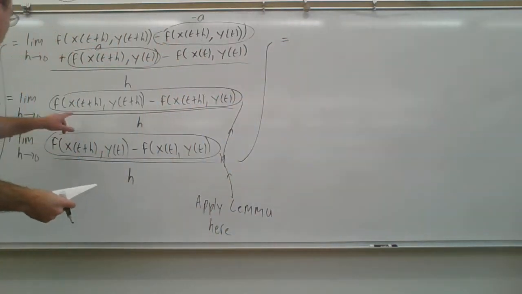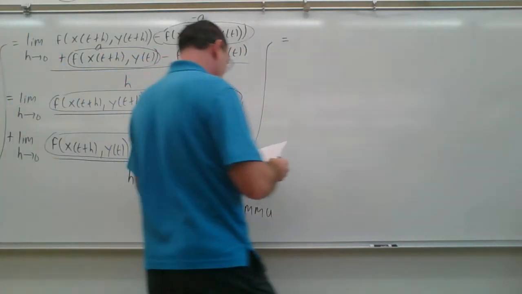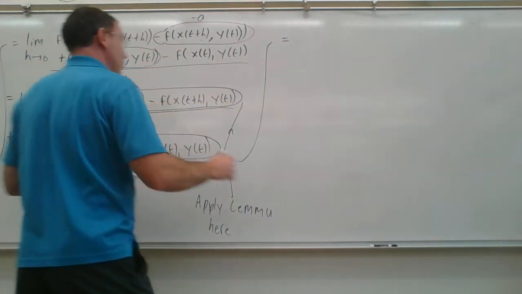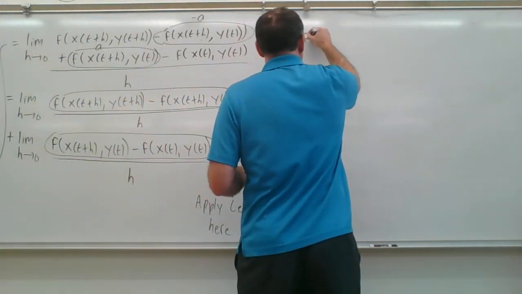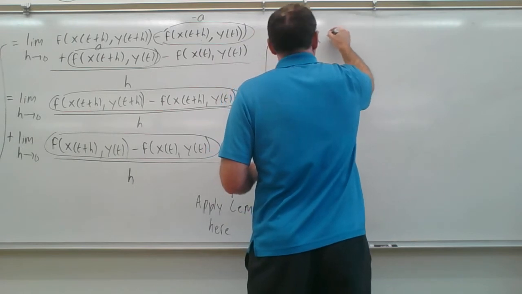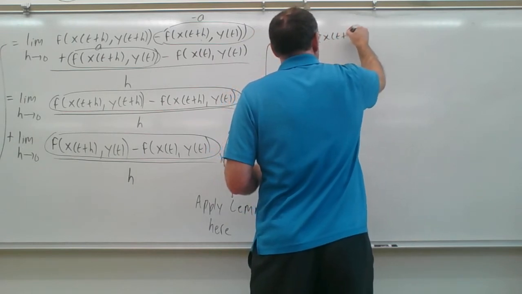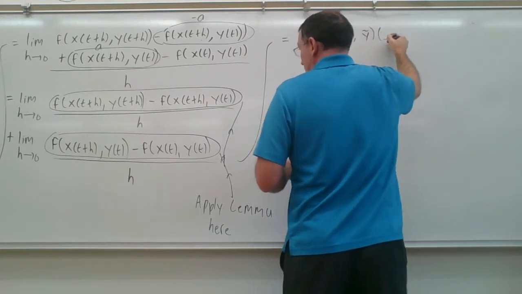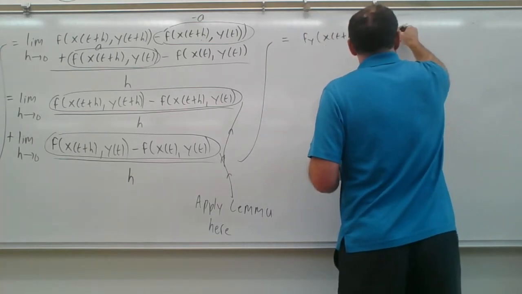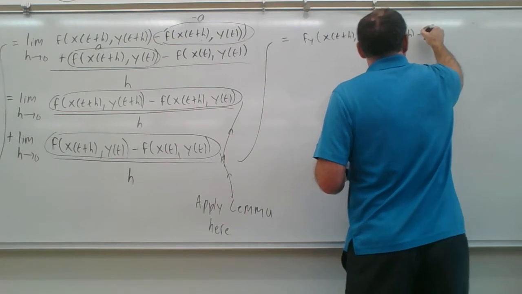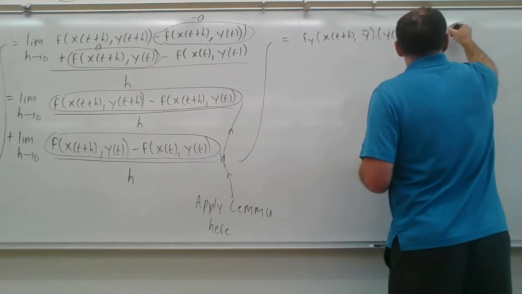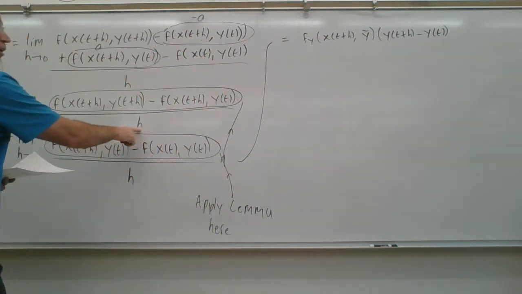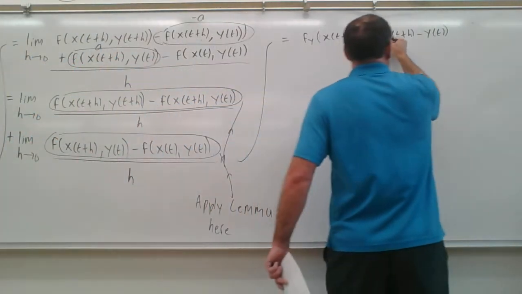So looking at Lemma 1 then, here the y's are changing, x is the same, so it's going to be partial y, evaluated at x(t+h), y tilde, times y(t+h) minus y(t). And the h value at the bottom here, I'm going to put at the bottom of this one.